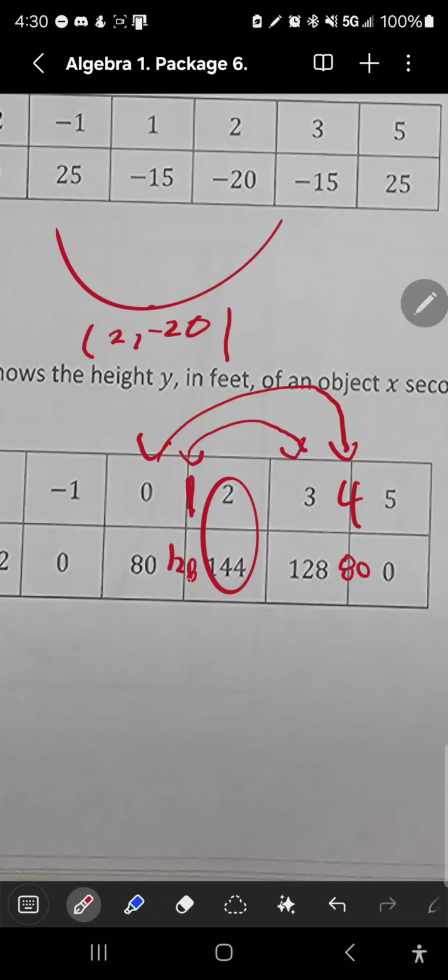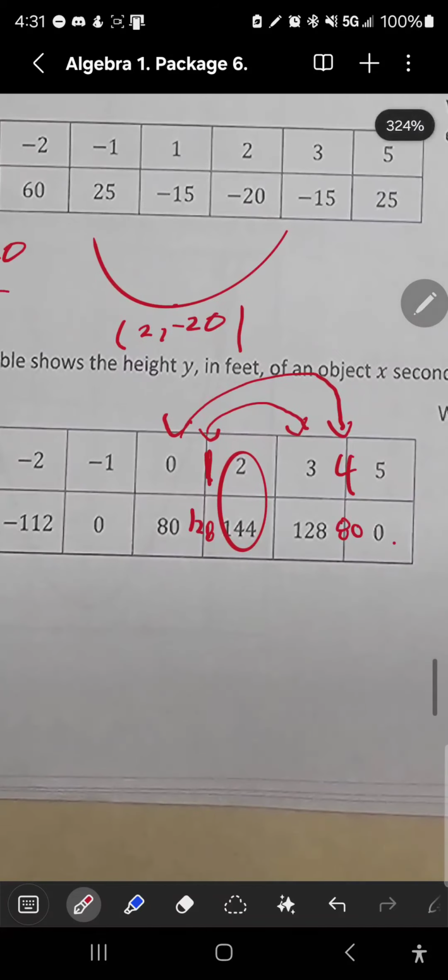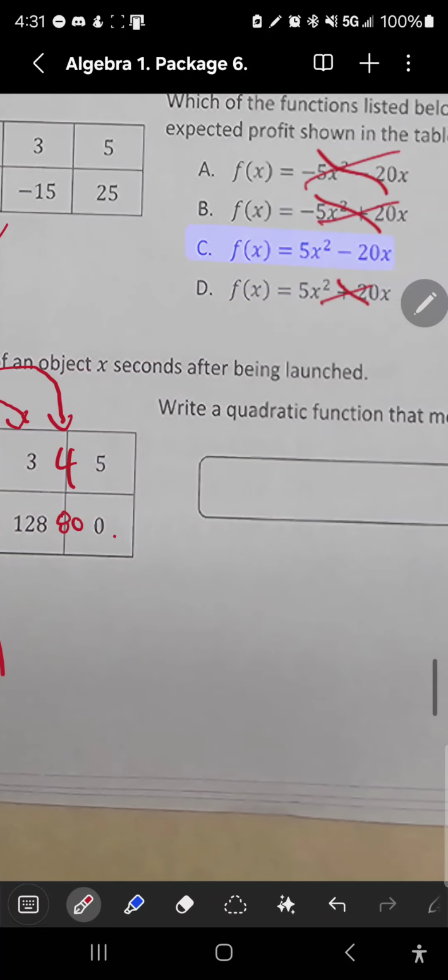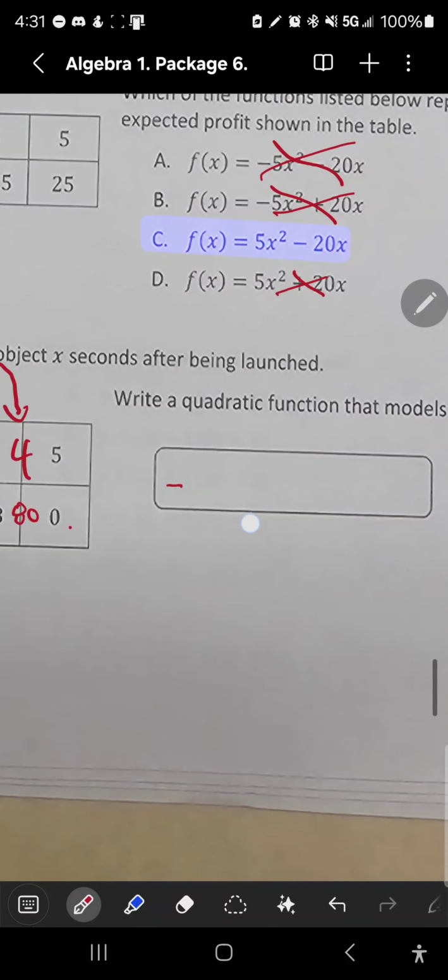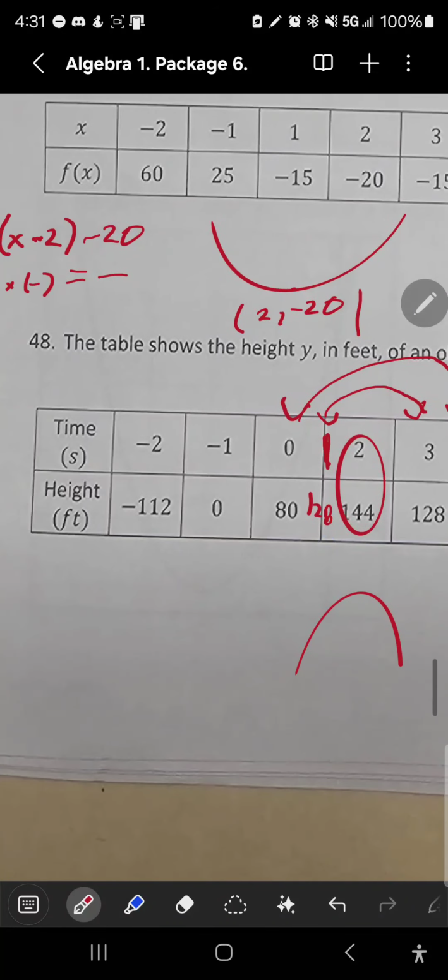So you can see the whole line, like the whole stair as I like to describe it. And this is the greatest value, so it's going down, so it must be negative. And we need to write the quadratic function. So I'm going to say y equals a times (x minus 2) squared plus 144.